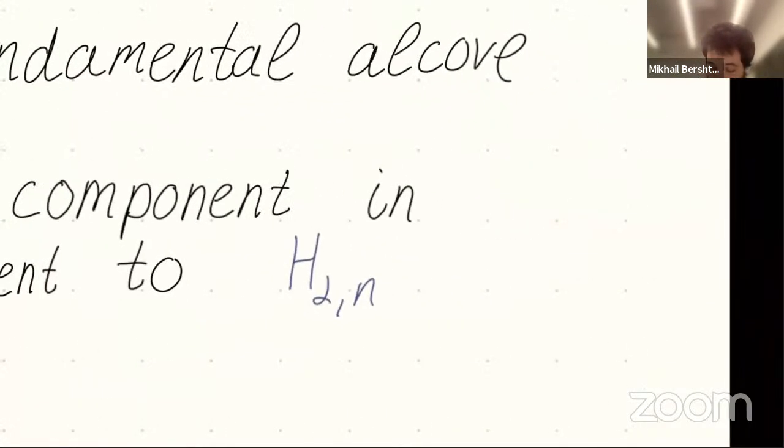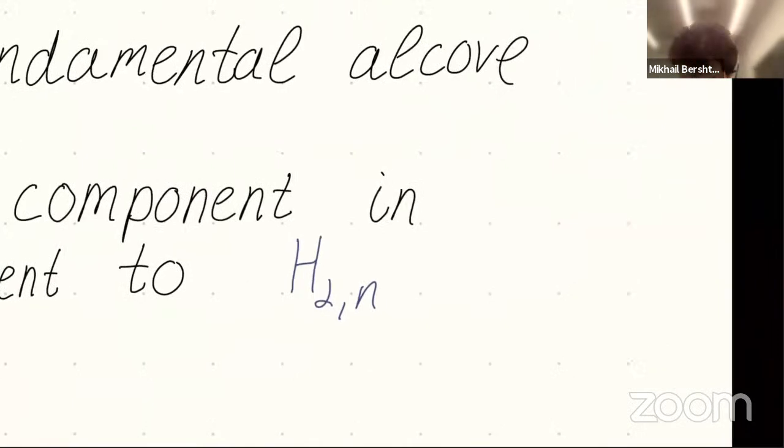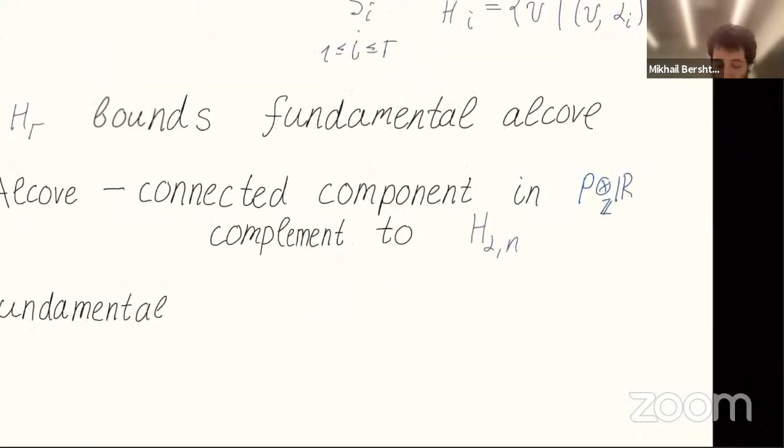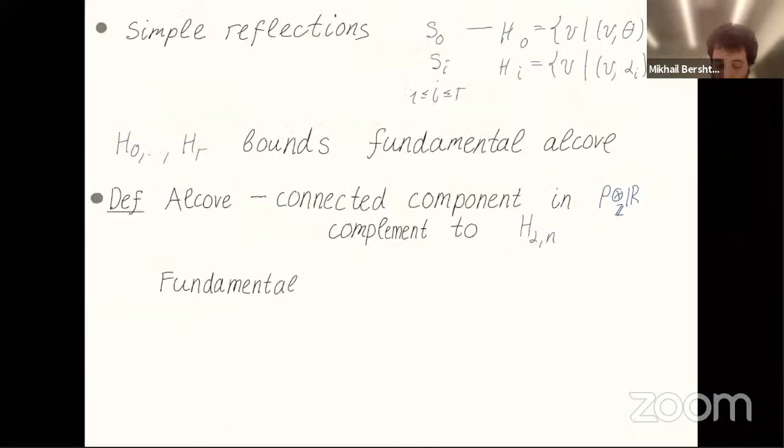I can take, say, the weight lattice, multiply and take its real span. So the connected components here are in the complement to H alpha n, and the fundamental alcove is a component.